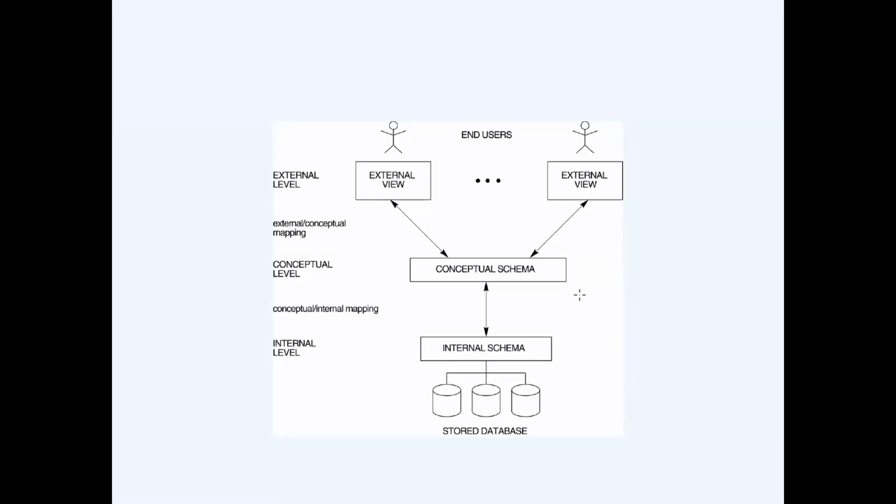And then you have a conceptual level schema as well. When you want to do mapping, you can transform external views to map into the conceptual level, and conceptual to internal storage structures.